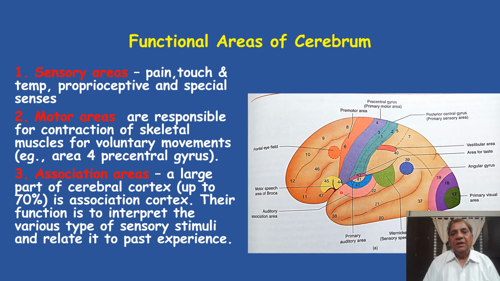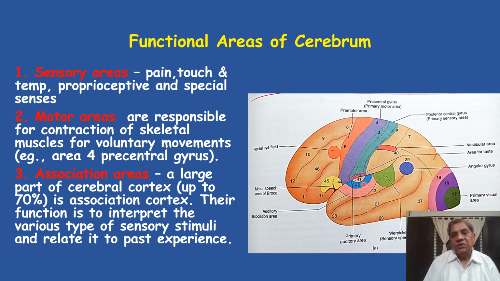For example, the visual area, or area for vision, is area 17, where I am moving the pointer. This is area 17 in the occipital lobe near the occipital pole. Then there are other areas, for example areas 41 and 42, which are the auditory area.